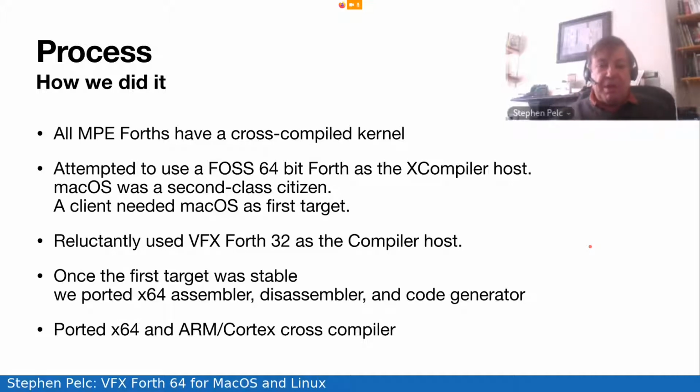So we ported this x64 assembler, disassembler, and code generator, and then we ported the x64 cross-compiler itself onto its 64-bit host, and then we ported the ARM Cortex cross-compiler, so that we can now run that under Catalina, which was the objective of the client.